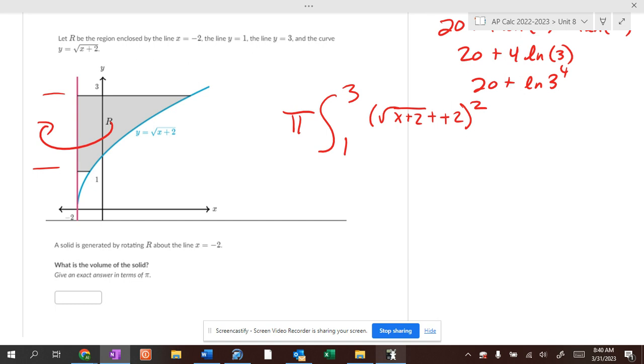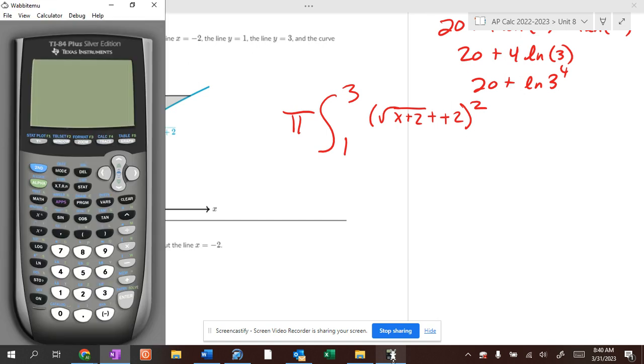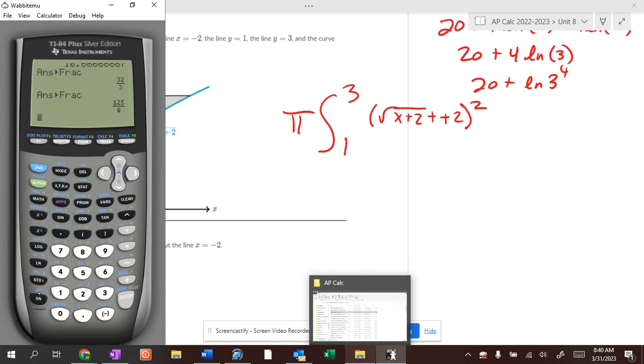So, exact answers in terms of pi. Well, let's go math, 9, from 1 to 3 of the square root of x plus 2, get out of there, plus 2x.